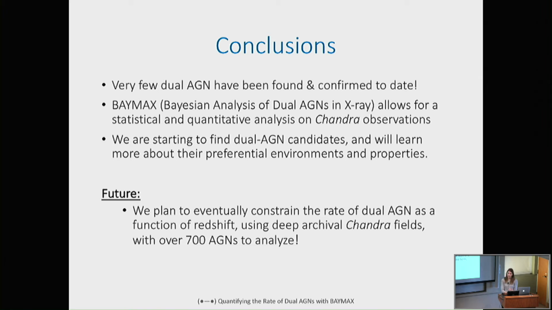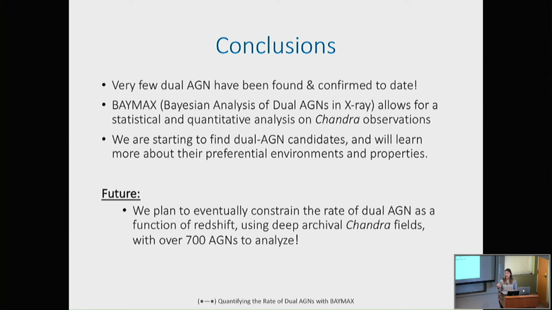Yes. So with EAGLE, I think the resolution there is the same, so it's about a kiloparsec or so before you lose resolution. What that plot was showing you was the observable dual AGN fraction, so I think both AGN had to have an X-ray luminosity above 10 to the 43 ergs per second, and they had to be within 30 kiloparsecs of one another.